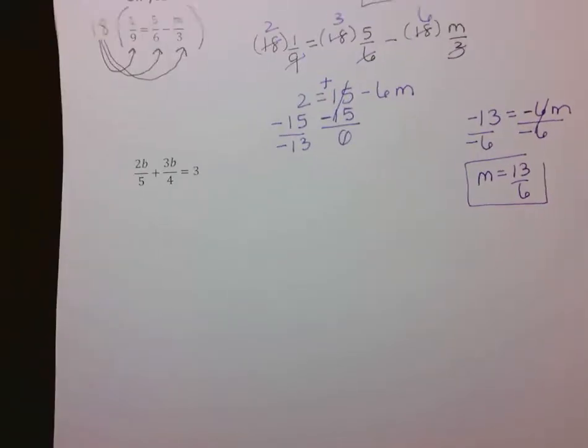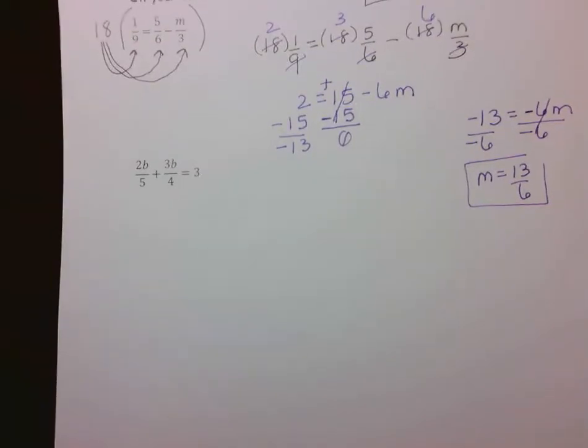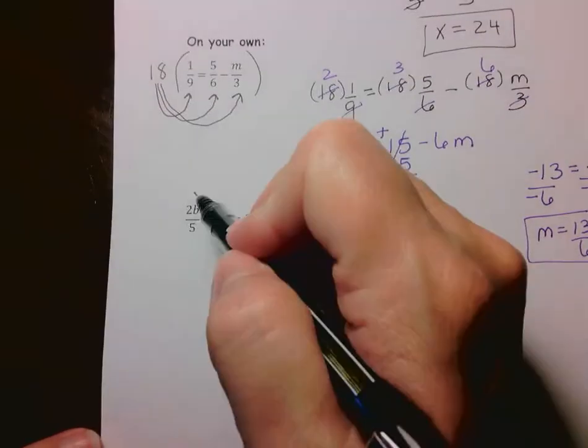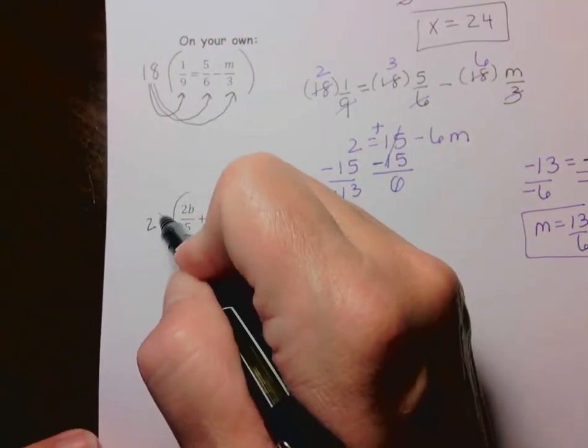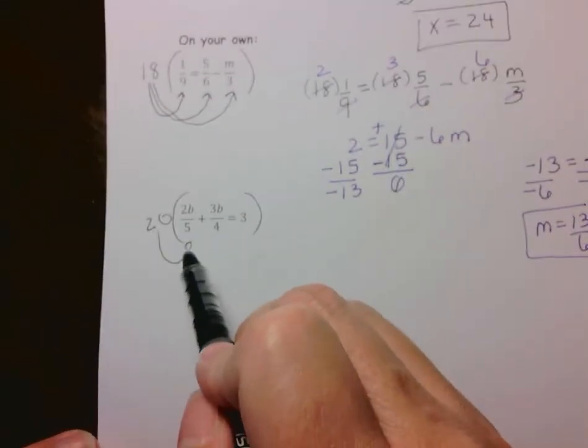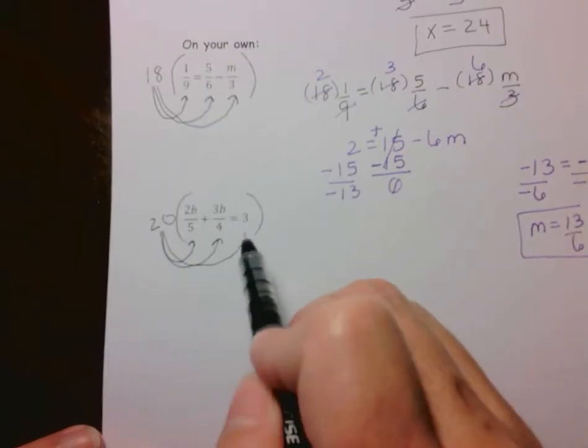Okay, and on this example, I want to multiply each term by 20. I'm going to multiply each term by 20. And so what am I doing?